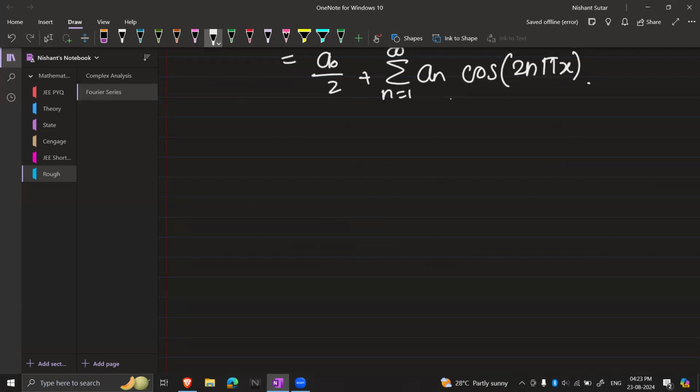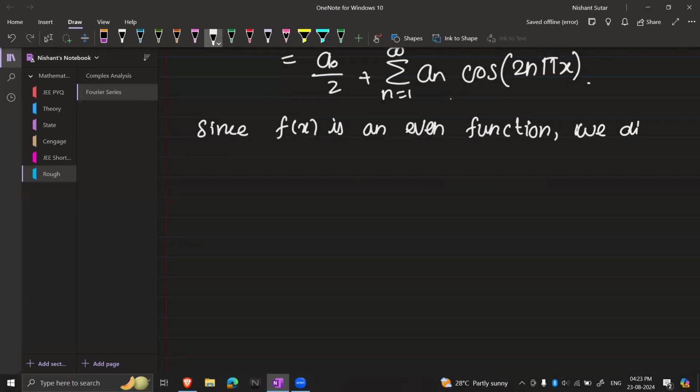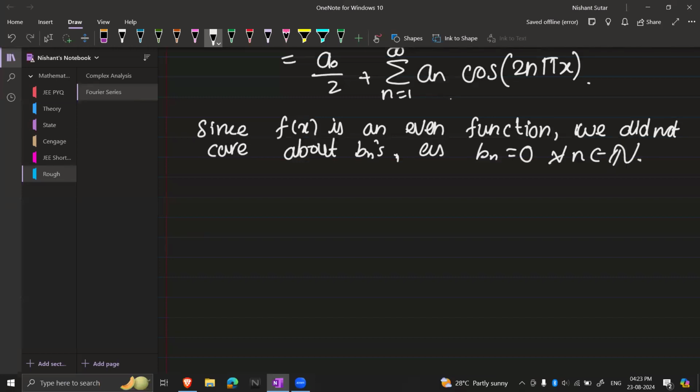Since f of x is an even function, we did not care about bns, as bns are 0 for all. So we will calculate an.